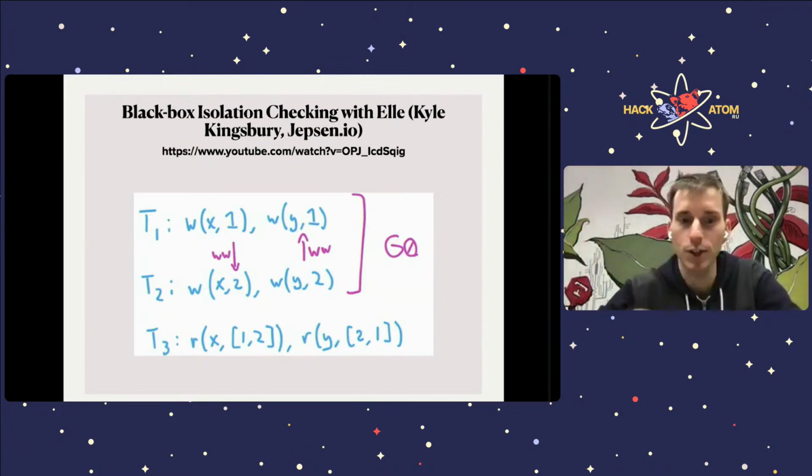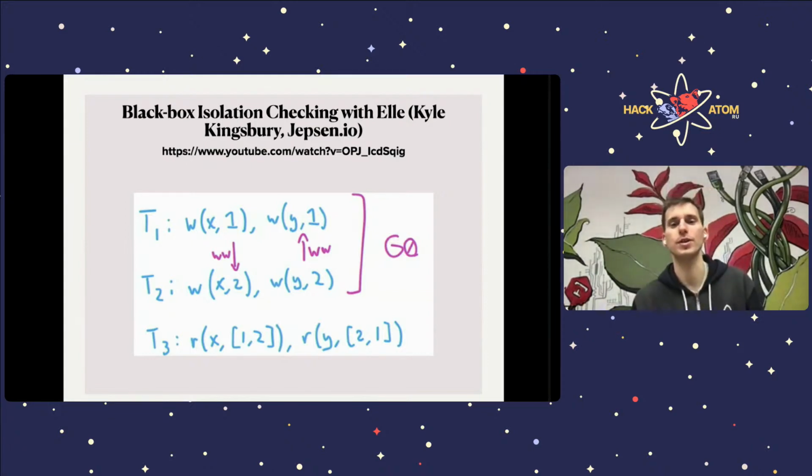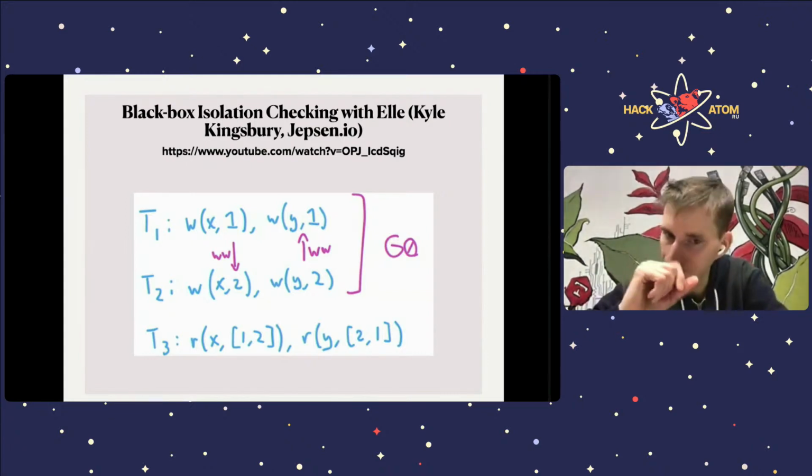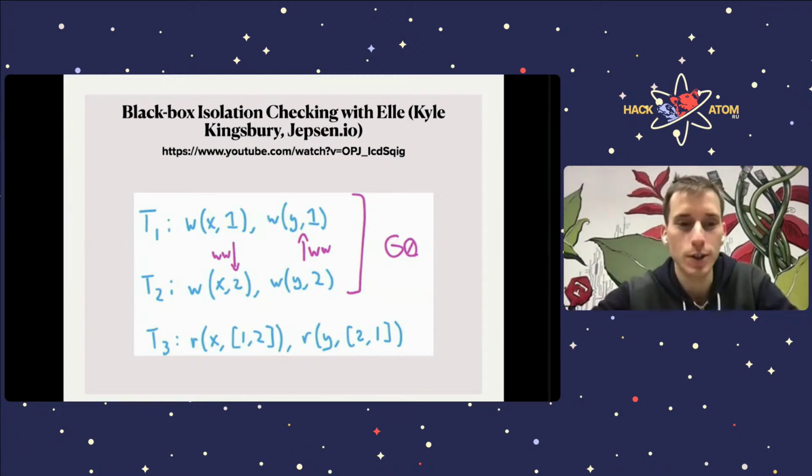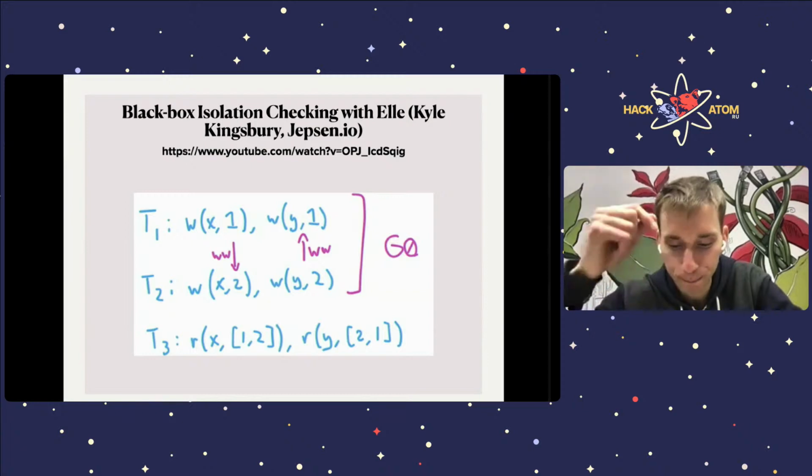Now the database under test brings back values. The list helps you track the modifications of a specific key. Transaction 3 makes it visible.